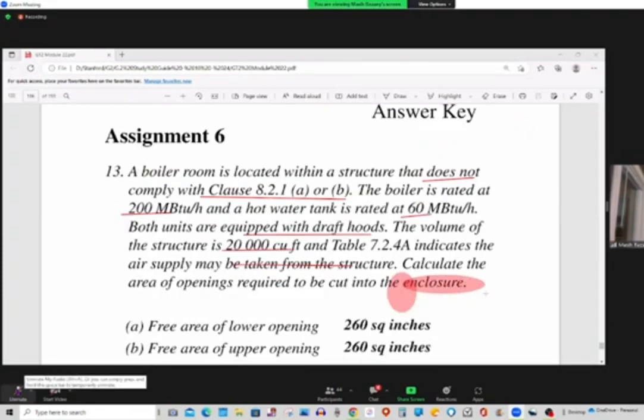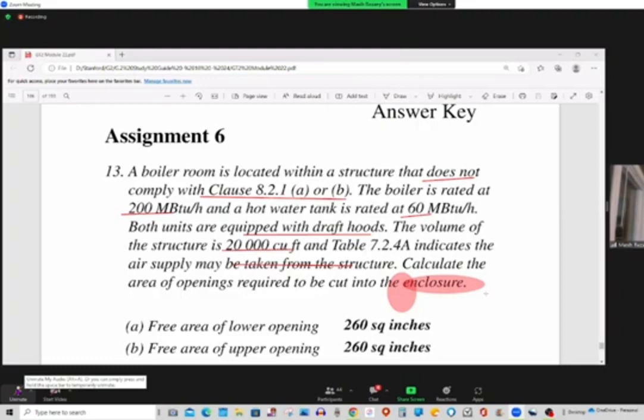So now we have to go to clause 8.2.6 maybe? Yes, sir. Last night I told you 8.2.6, 100% it will come in your test.